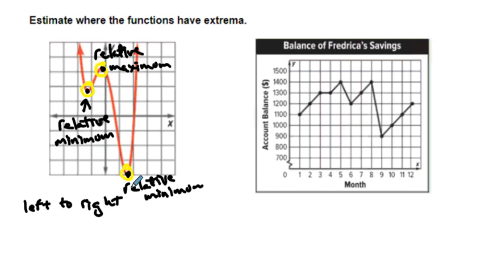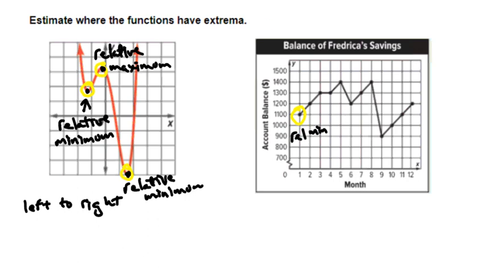You can have several relative minima and several relative maxima in the same graph. This one right here, let's look. It looks like this is where it starts, so we're not really going to call that. But because this is the lowest point right here, we could say that's a relative minimum.